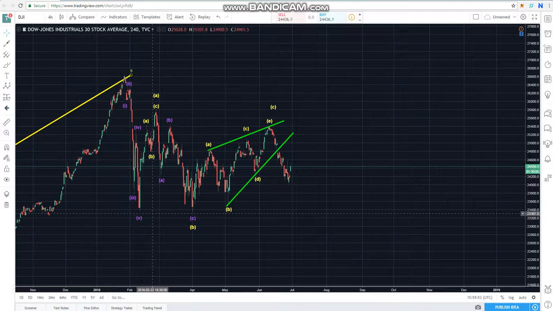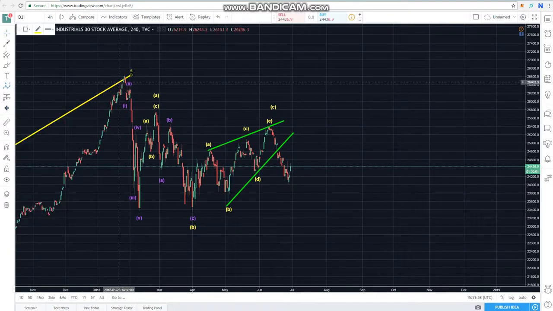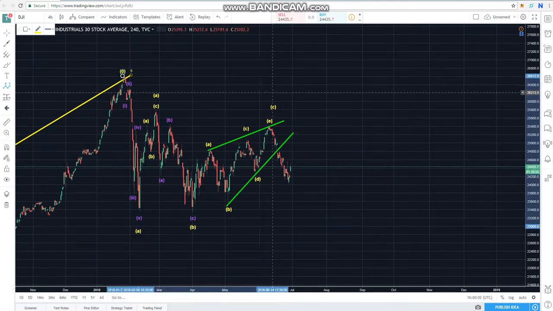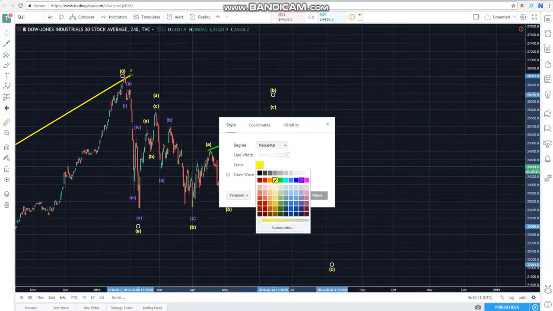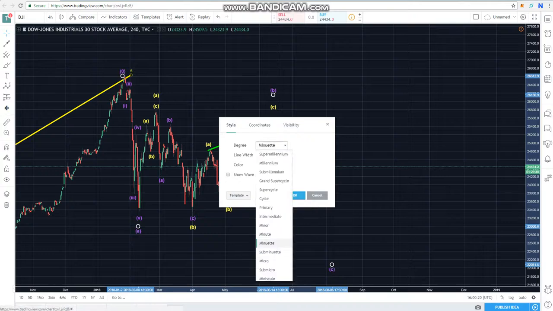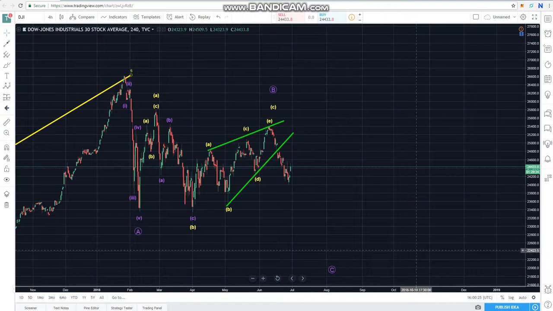And this 1, 2, 3, 4, 5 would classify as the very first corrective A. And this whole ABC, ABC, ABCDE would classify as the corrective B of the primary count. And then we are currently at the corrective C of this count. So if I just mark this as the primary count, this would look like A, B, C.